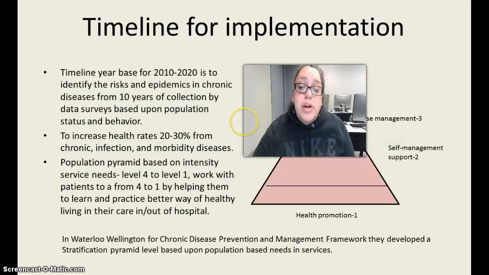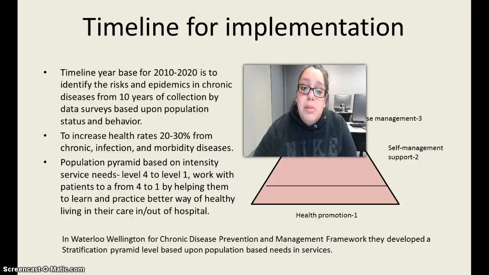A timeline for implementation. The timeline year basis for 2010 to 2020 is to identify the risks in epidemic and chronic diseases, with 10 years of collection from database surveys based upon the population status and their behavior, to increase the health rates by 20 to 30% from these chronic infection and morbidity diseases.